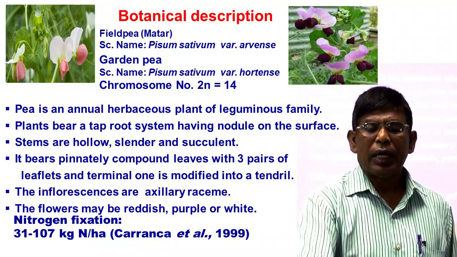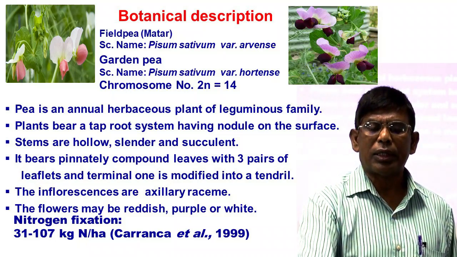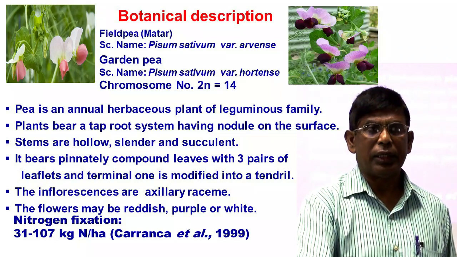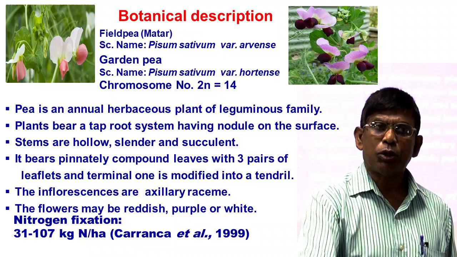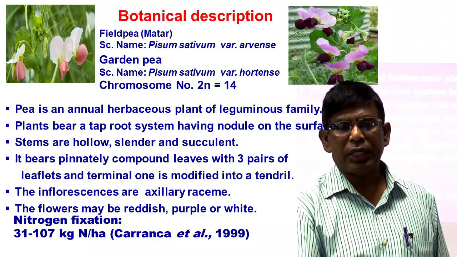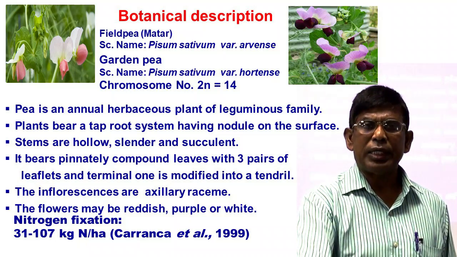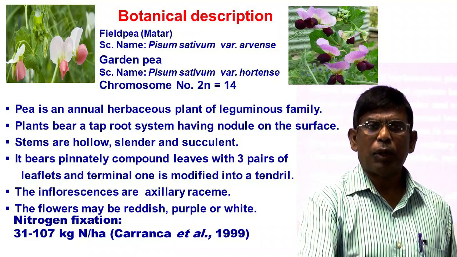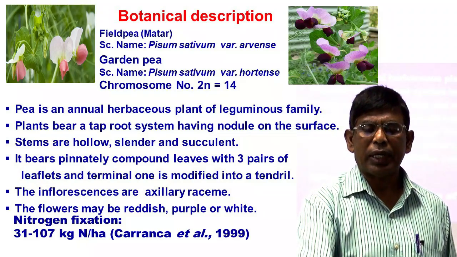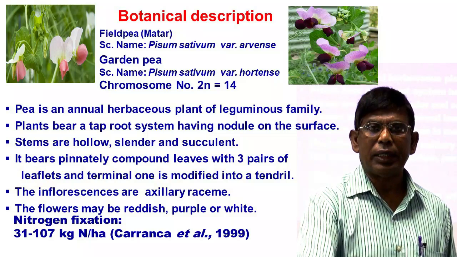Inflorescence is an axillary raceme and flower colors vary from reddish, purple and white. It also has the capacity to fix nitrogen through a symbiotic process, ranging from 31 to 107 kg nitrogen per hectare as per Karmakar et al. 1999.